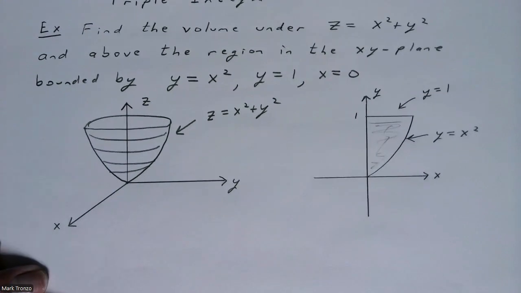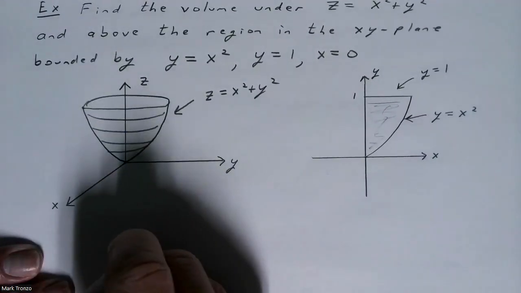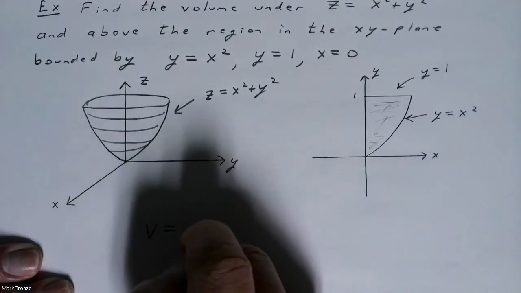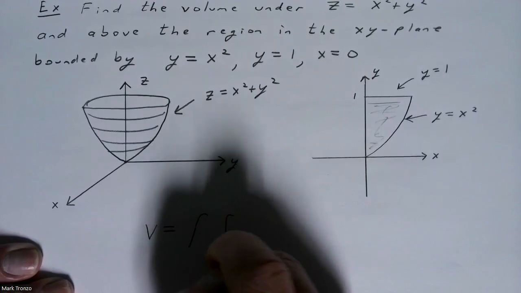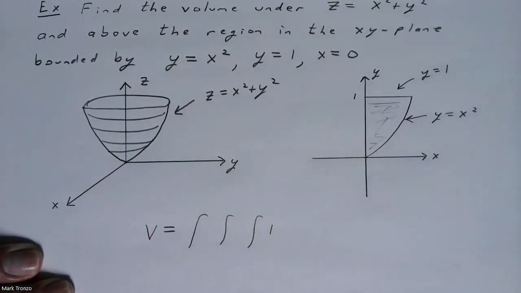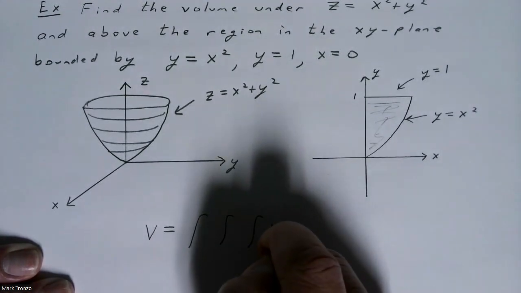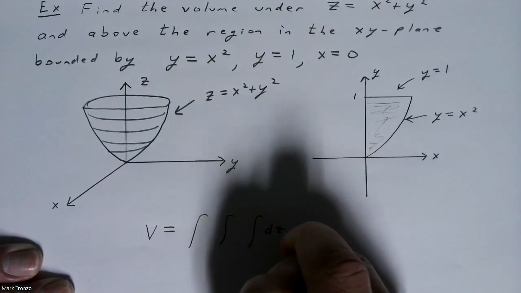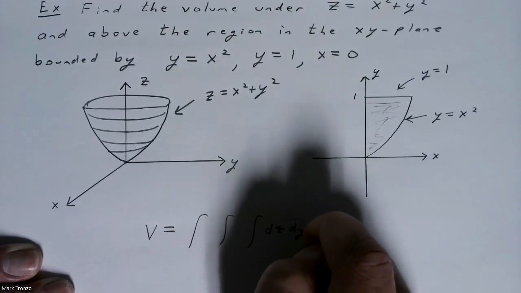And another thing to remember, if we want the volume, our integrand is just going to be 1. And you don't even have to put it in, since 1 times anything is just anything. So I'm going to just leave it off. And so we're going to do dz, dy, dx.